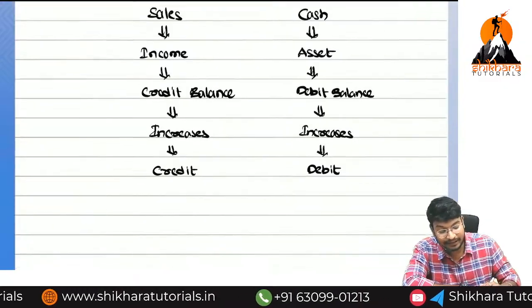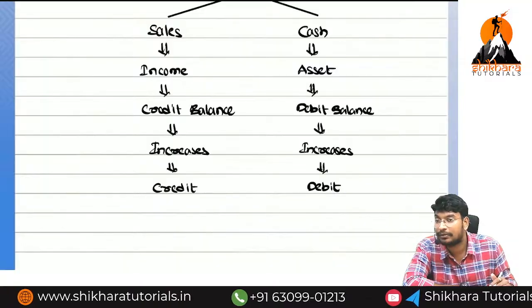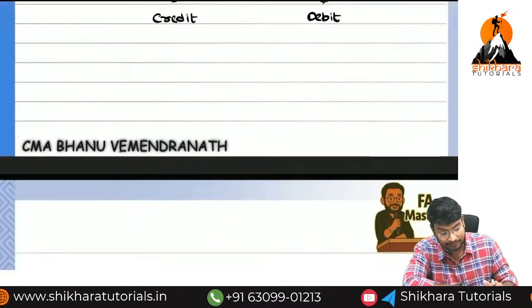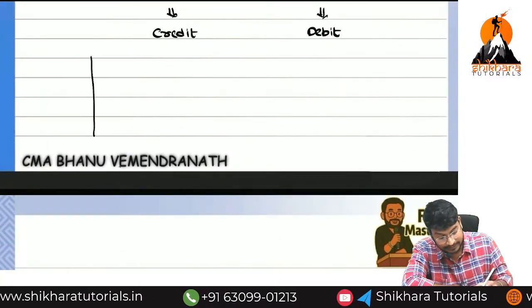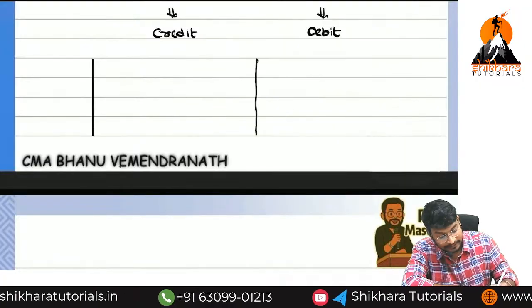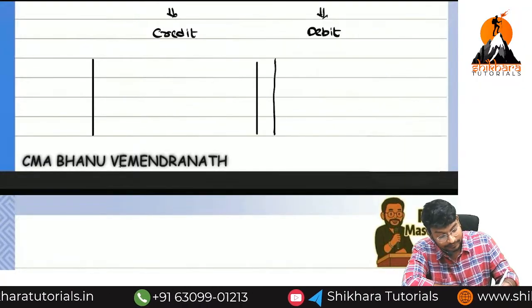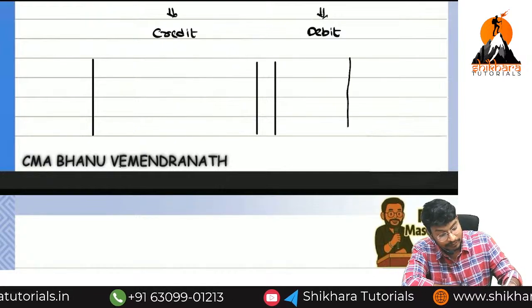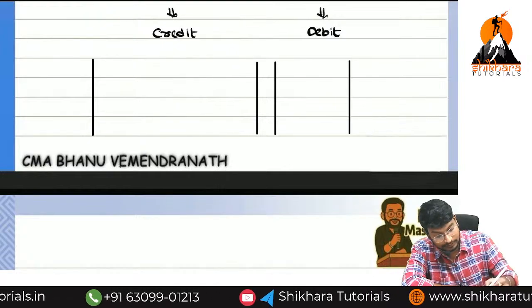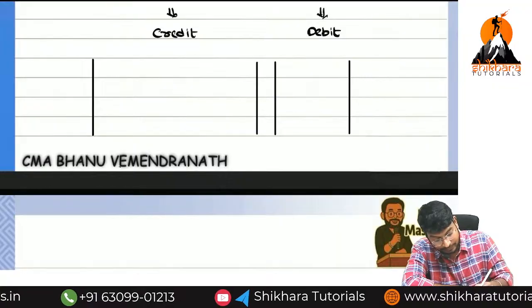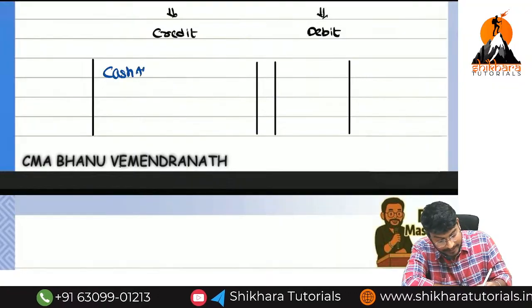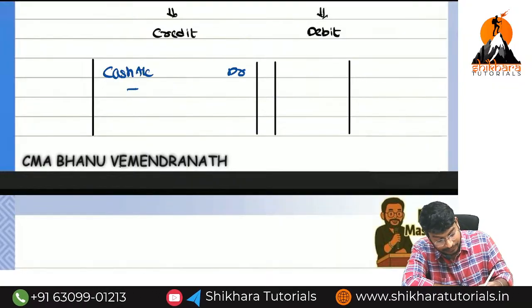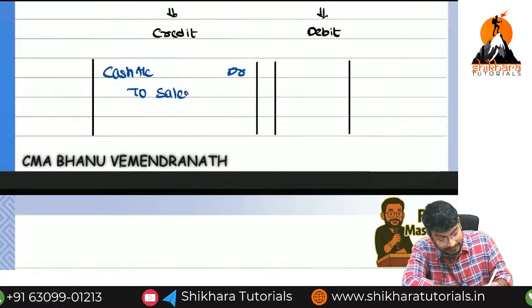So what is the entry we need to record? Cash account debited to sales account. So what is the format? Date, particulars, LF, debit amount and credit amount. So what is the entry? Cash account debited to sales account.